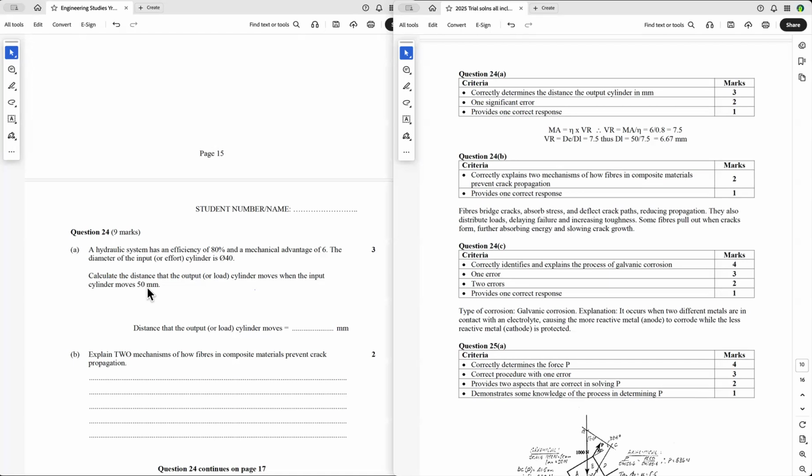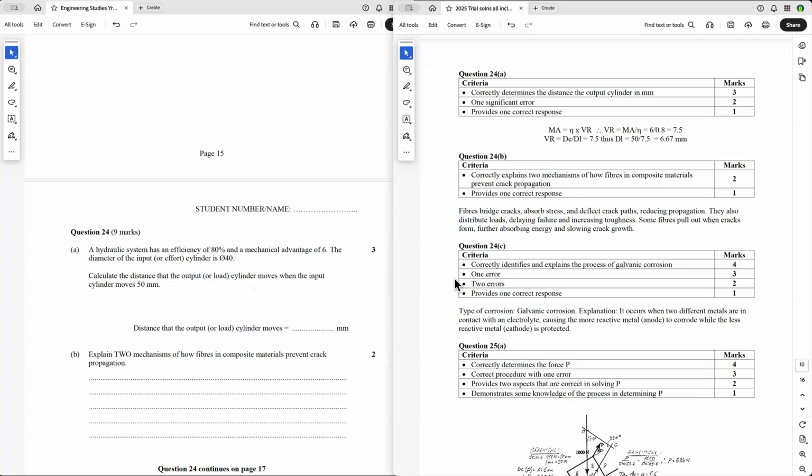Okay, explain two mechanisms of how fibers in composite materials prevent crack propagation. Well, fibers act as crack stoppers because as the crack propagates through the material, it hits the high tensile fiber and it opens up the radius ratio of the crack. So it increases the area of the crack.